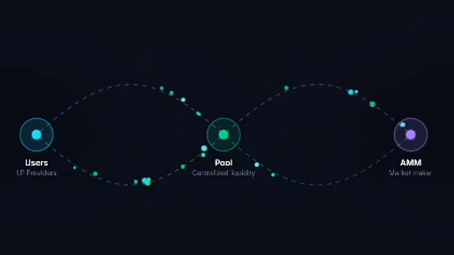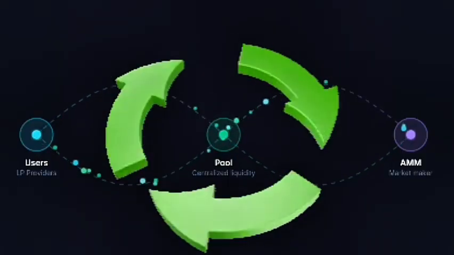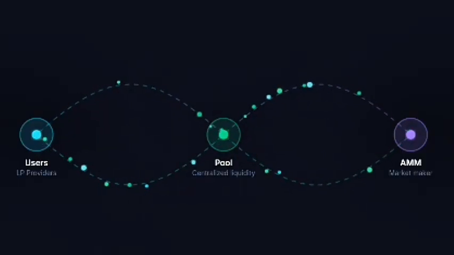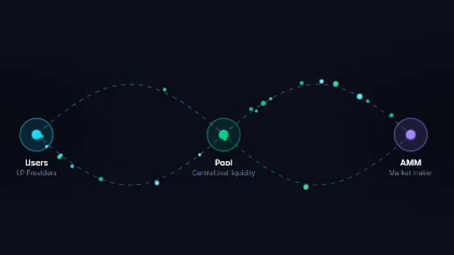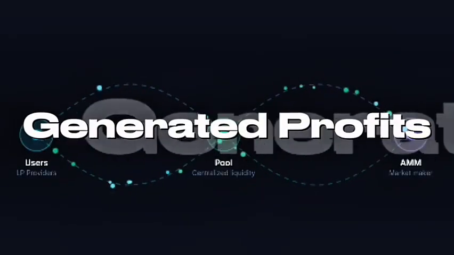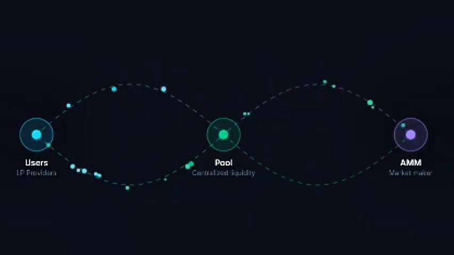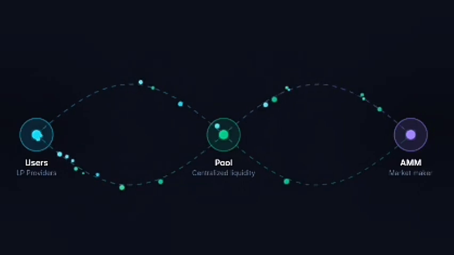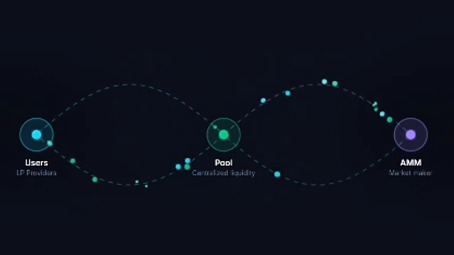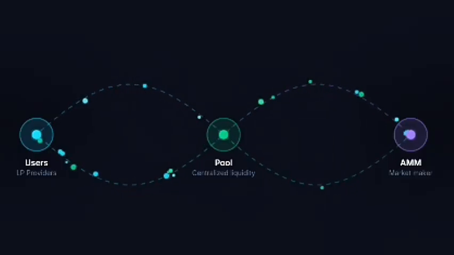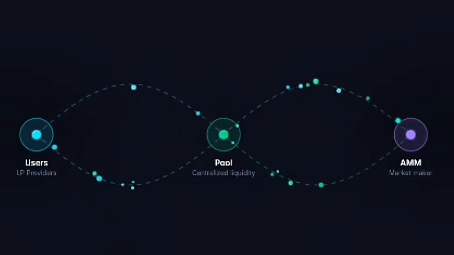Once that trading cycle is complete, the liquidity, along with any profit generated according to the platform's strategy, is returned to the central liquidity pool. That's what you are seeing on the screen. The process then repeats continuously, moving liquidity where demand is highest in an effort to maximize efficiency and potential returns.